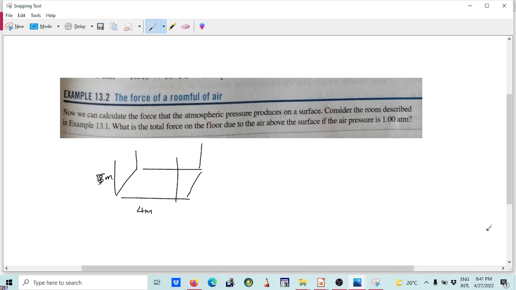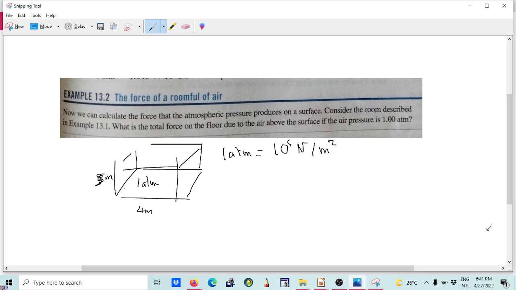It says inside the room you have 1 atmosphere, which is always the case. It's about 1 atmosphere because your room is connected to the outside, so everywhere you go it's always 1 atmosphere, and 1 atmosphere is about 10 to the 5 Newton per meter square, right?